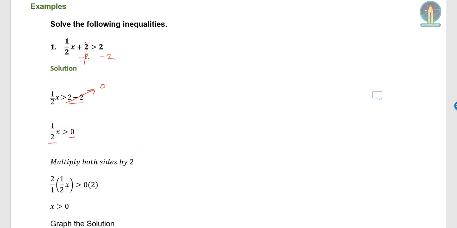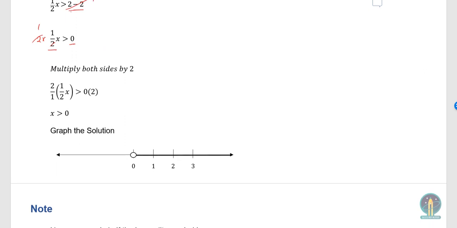So 1 half x is greater than 0. You want to get rid of this half, so you can multiply by 2, right? The 2's cancel, you get 1, and obviously 0 times 2 is 0, right? So you end up with x greater than 0.